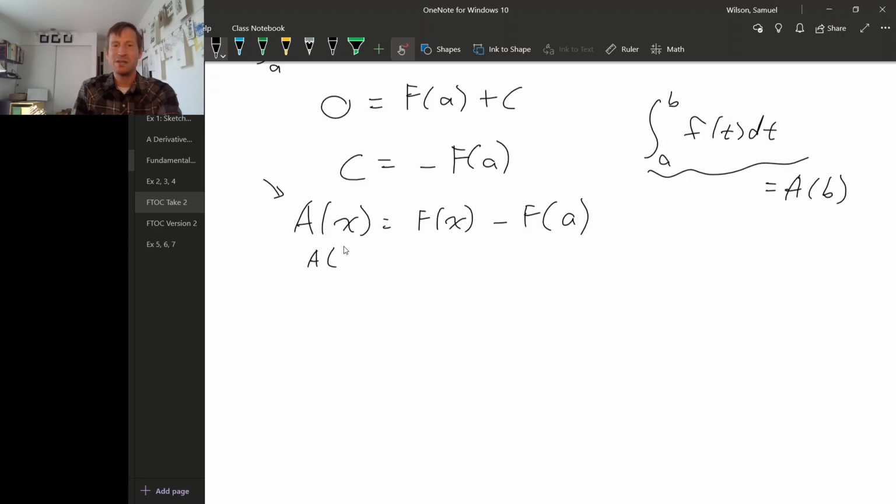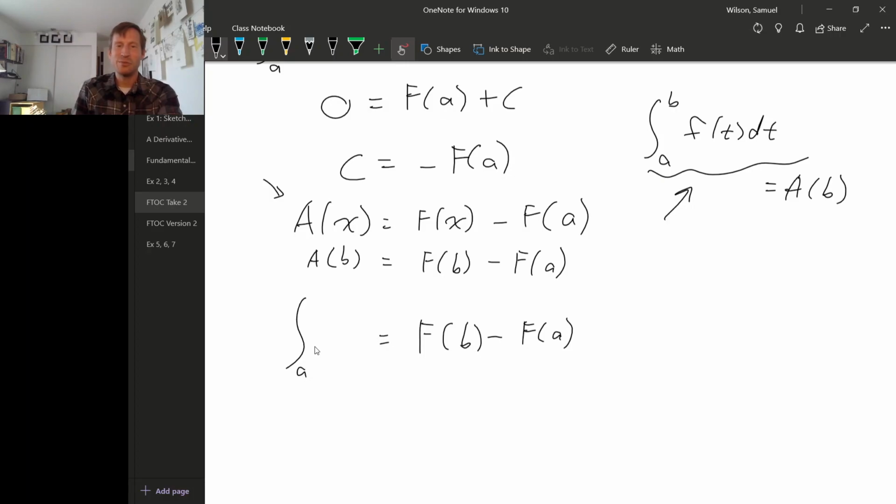The left-hand side becomes capital A of b. The right-hand side is capital F of b minus capital F of a. And the left-hand side is this integral, the definite integral from a to b of f of t dt.